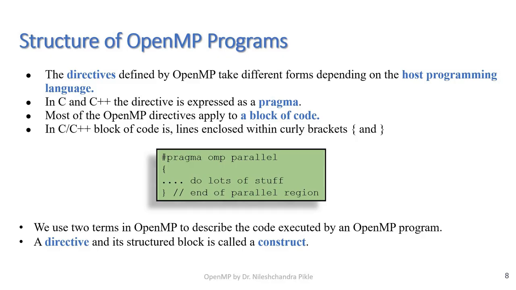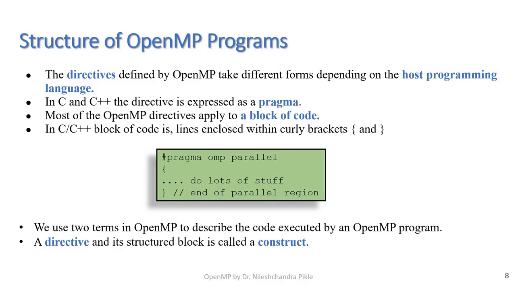And we use two terms in OpenMP to describe code executed by an OpenMP program. That is a directive, which I told you at the top, like the pragma is the directive, and a directive is followed by a structured block.